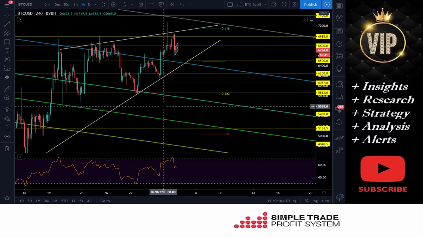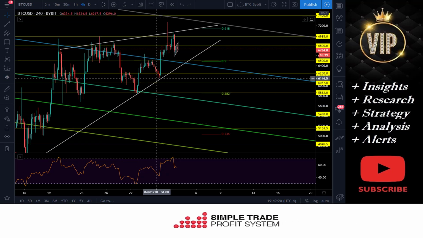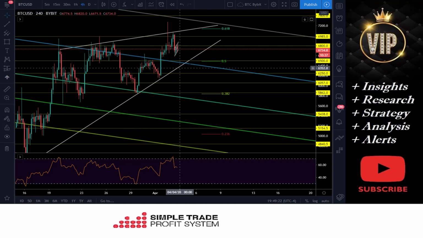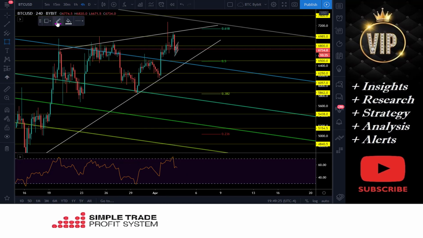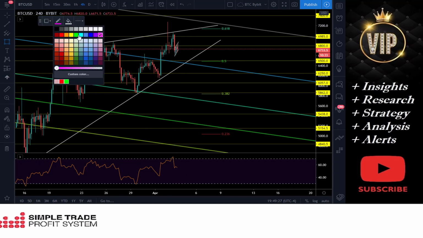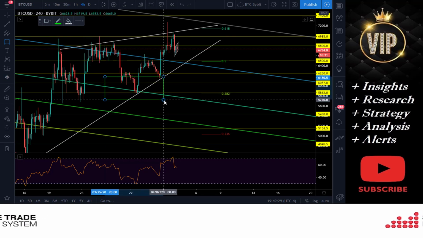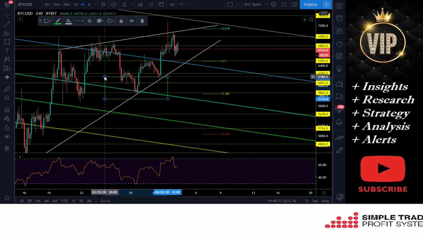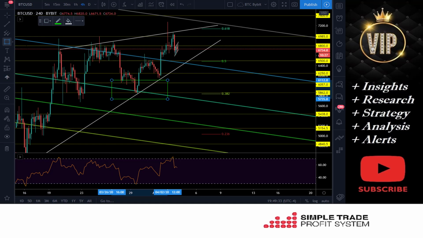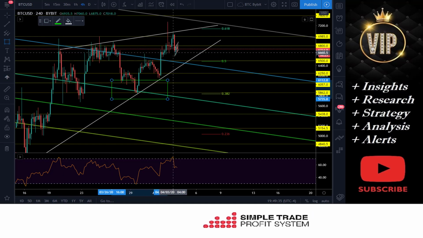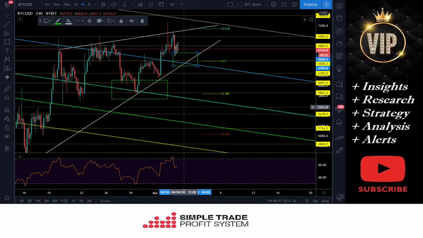So this is what I see here. Let's focus in on this area and this area. I'm going to draw a couple rectangles just real quick. What took place here and this area here.